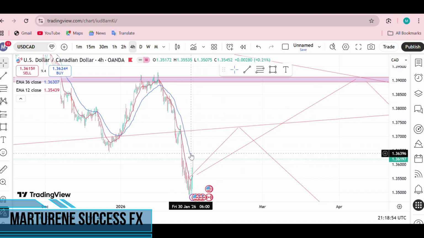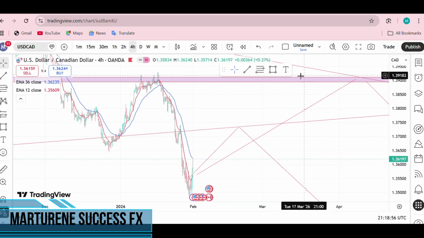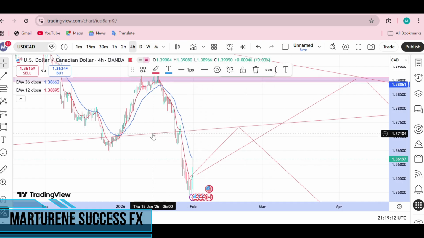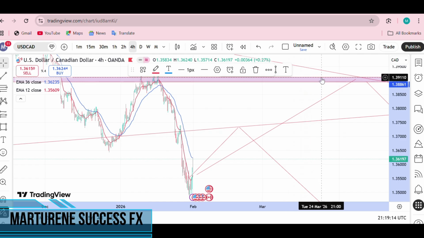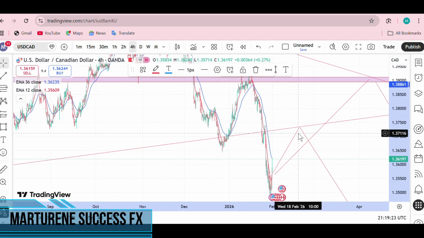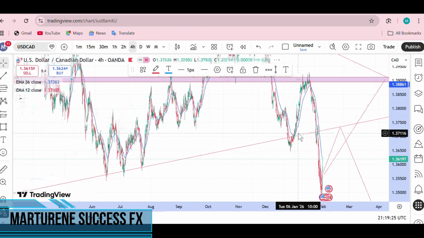It will take some time, and maybe it might be reaching up here at this zone, meeting at this line. Just be watchful with this trend line, this support, this resistance up here, and this other trend line here. Just keep an eye on them and see how it goes.